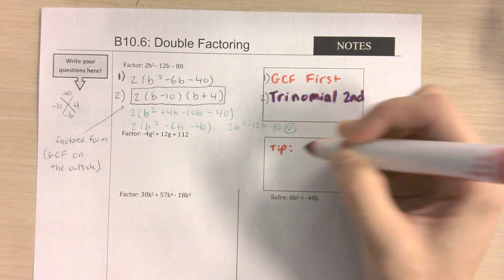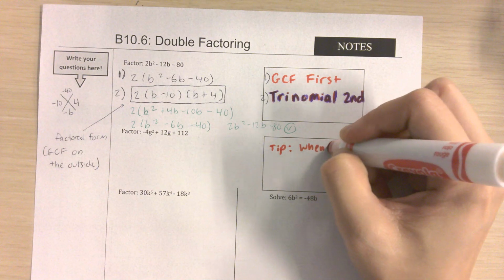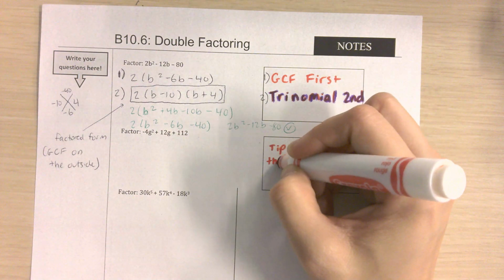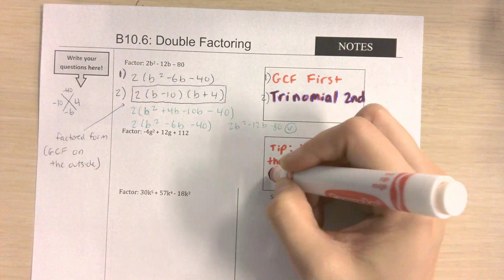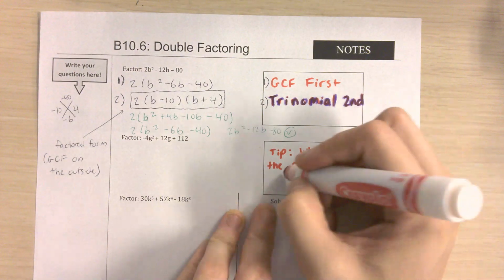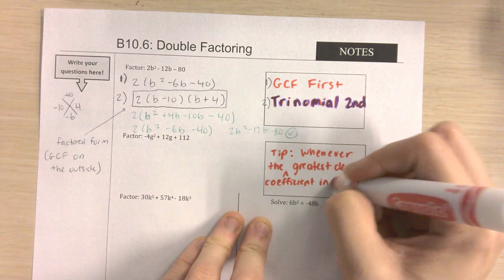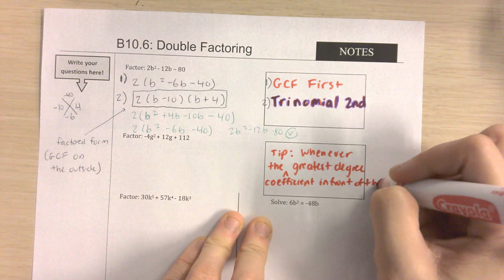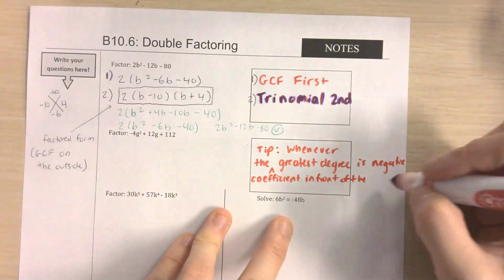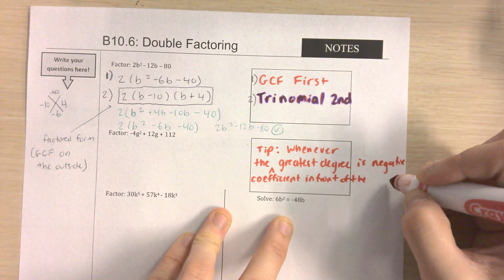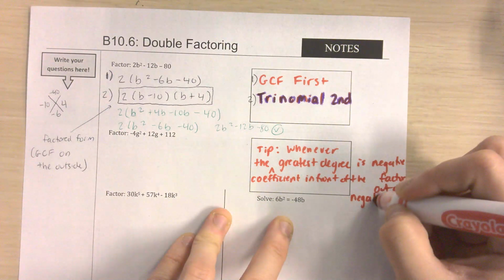Tip: whenever the coefficient in front of the greatest degree is negative, factor out a -1, or a negative number.